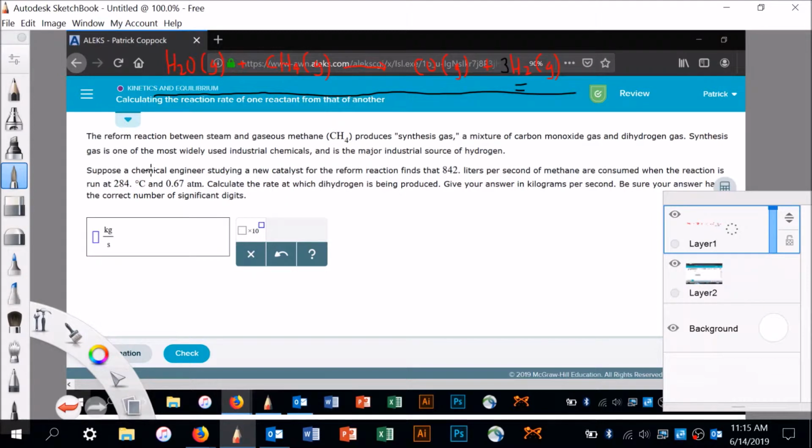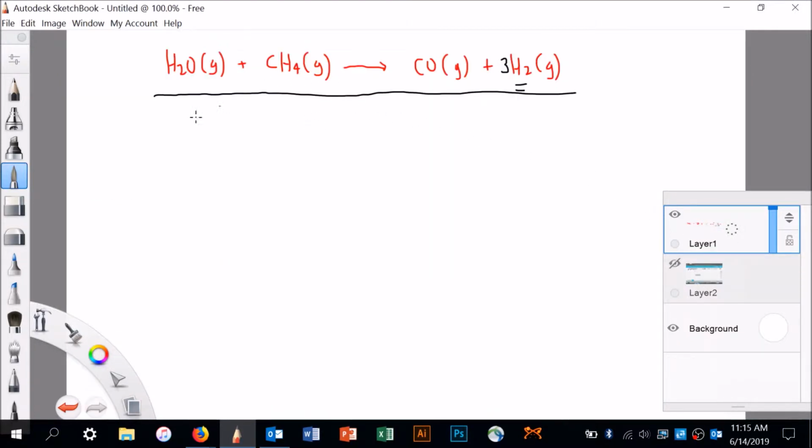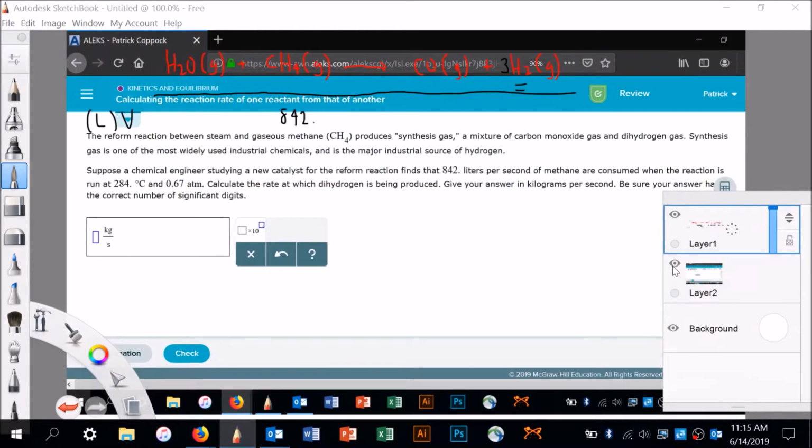Okay? Suppose a chemical engineer studying a new catalyst finds that 8.42 liters per second of methane are consumed when the reaction is run at 284 degrees Celsius. So here's my methane, and I was just given a volume in liters, and it was 8.42, right? Is that right?